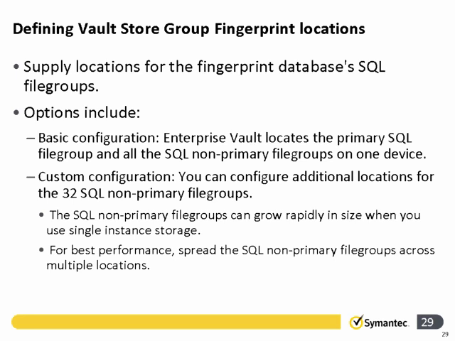So you do have the option when you are configuring the Vault Store fingerprint locations to say that you do wish to have a primary file group and you want to set it up for additional file groups. If you select that you wish to set it up for additional file groups, you will have to specify where the other SQL servers are for the secondary or non-primary file groups.